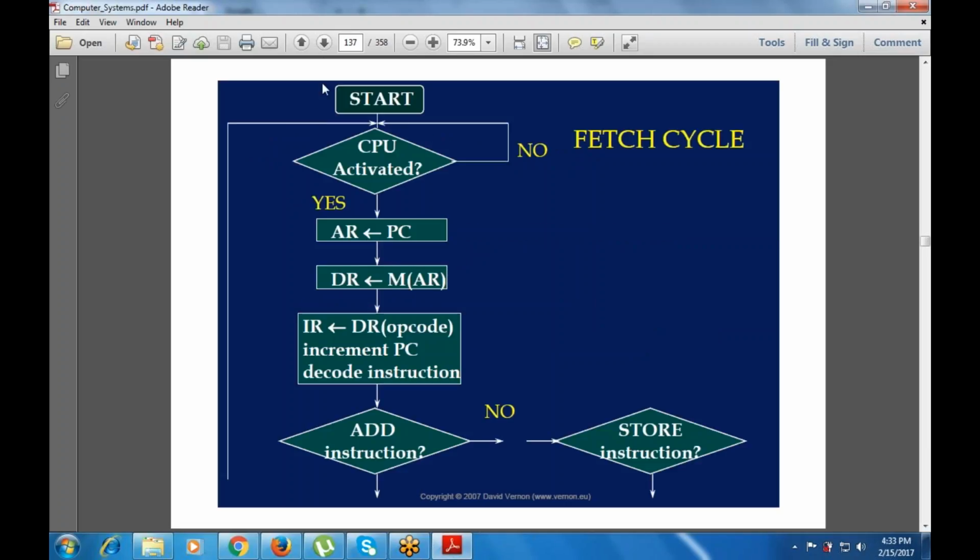Now next is again the fetch cycle. This is the start. Then if the CPU is activated, yes, then the PC goes into the AR. Memory of the AR goes into the DR, and the DR goes into the IR. This increments the PC and decodes the instruction. Again, it is used for the add instruction. If no, then store the instruction.